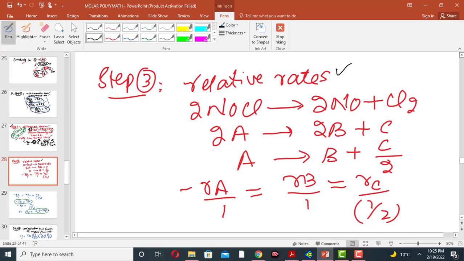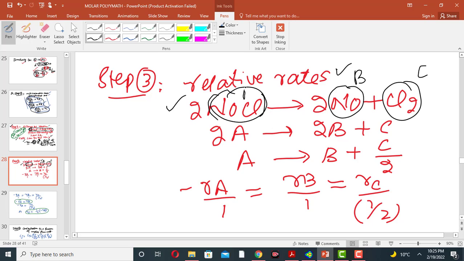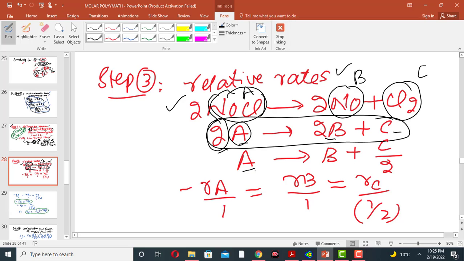This was our reaction: component A, component B, and component C. So 2A gives us 2B and 1 mole of component C. So we divide both sides of this equation by 2, the stoichiometric coefficient of our limiting reactant. So 1 mole of A gives us 1 mole of B and half mole of C.